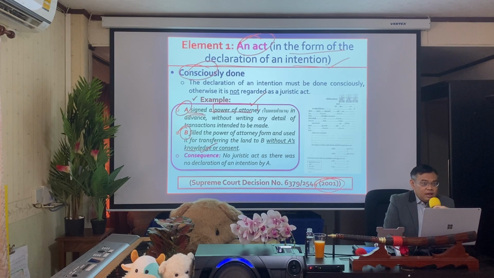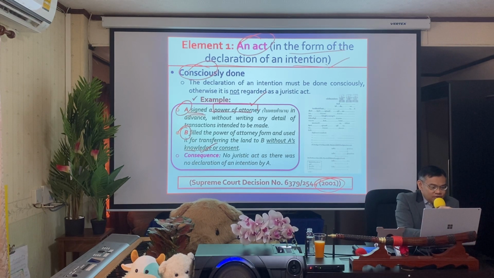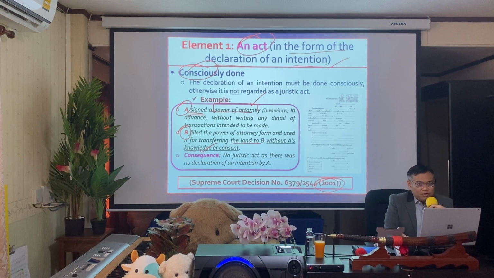When B filled in this power of attorney, B used it for transferring the land belonging to A to B. The land owned by A was transferred to B without A's knowledge.